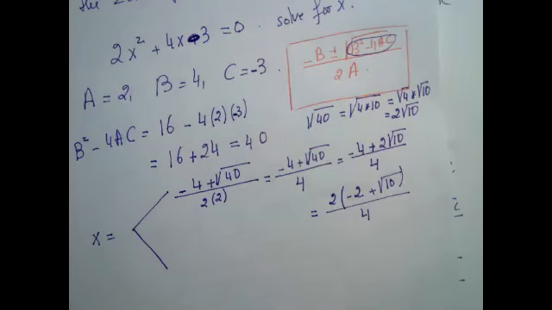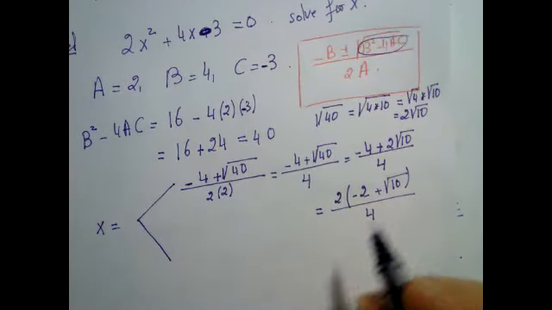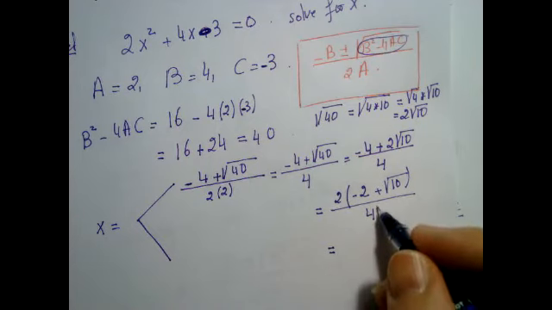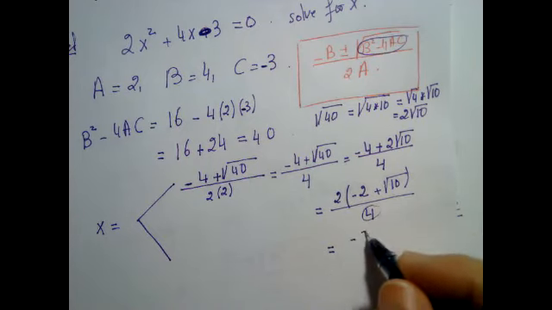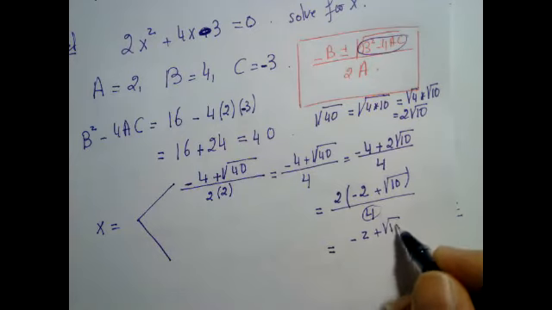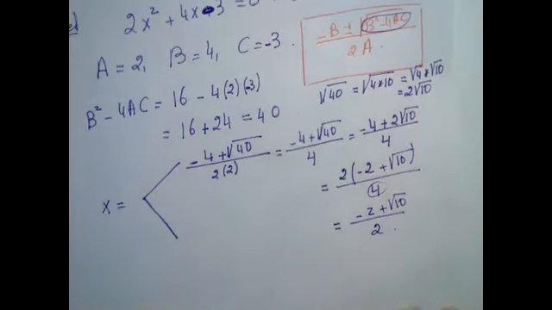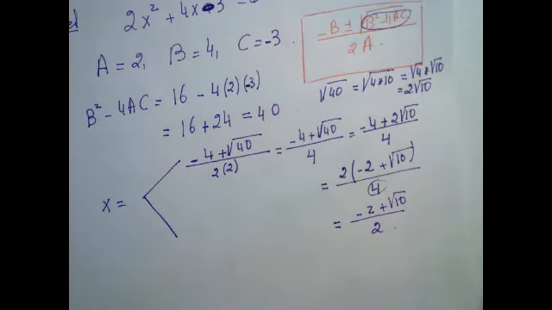That's the best simplification, because if you look up the answer, your book is doing this for you. Now I simplify: this is a 2 and this is a 4. I will be left with minus 2 plus the square root of 10 divided by 2. That's really the best we can do, the most simplification possible.